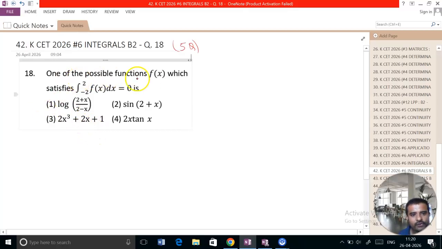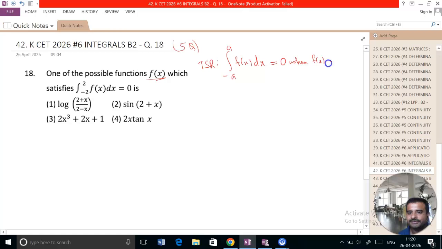Here we have to find one of the possible functions f of x which satisfies this. When I look at the function, we should know this time-saving result. Whenever your definite integral varies from minus a to plus a of f of x with respect to x, it can be directly 0 when f of x is odd.